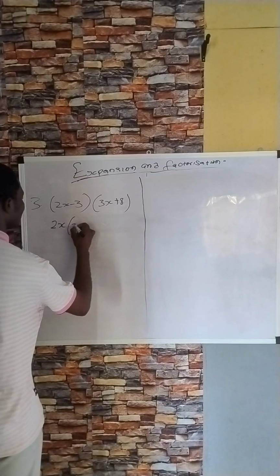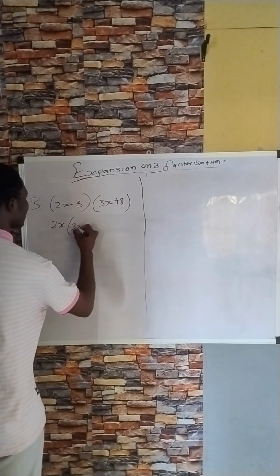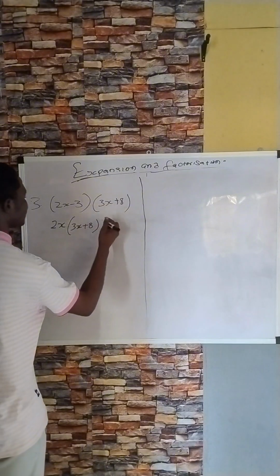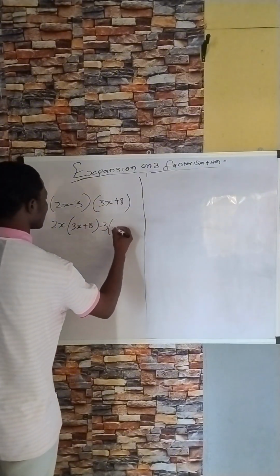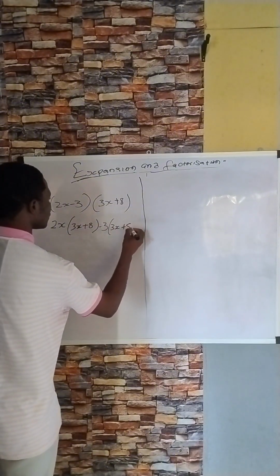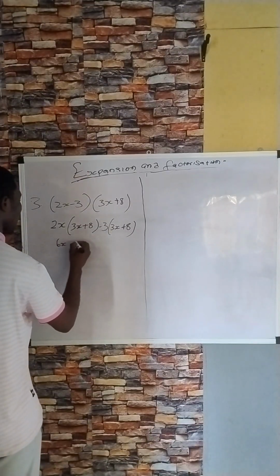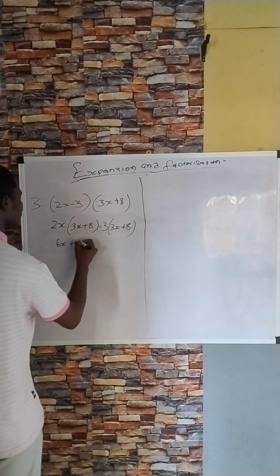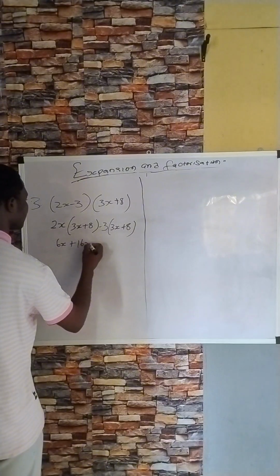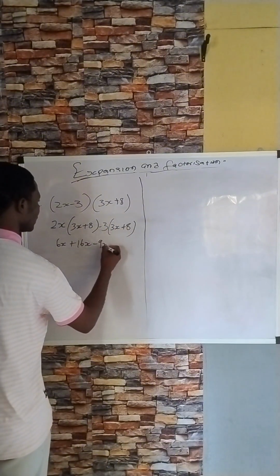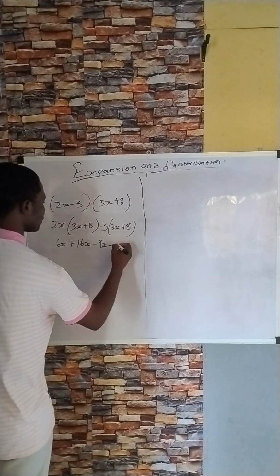x bracket 3x, 2x bracket 3x plus 8, and then minus 3 bracket 3x plus 8. This will be 6x squared plus 16x minus 9x minus 24.